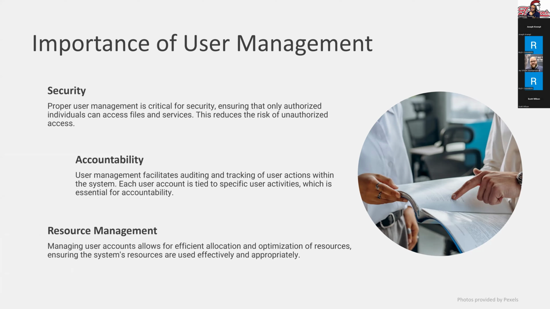That would reduce a lot of risks. It's kind of like the principle of least privilege. And then of course accountability, which is part of the CIA triad. Accountability is huge. With user management, each user account is tied to specific user activities, which is essential for accountability. And then resource management: managing user accounts allows for efficient allocation and optimization of resources, ensuring that the system's resources are used effectively and appropriately.